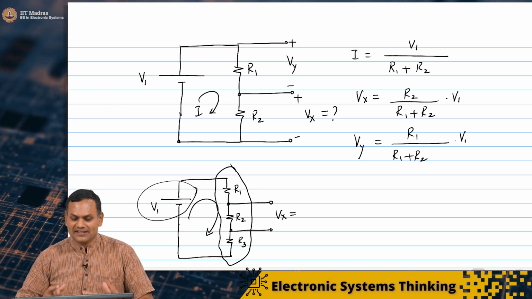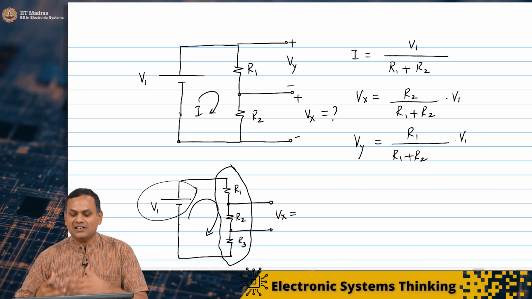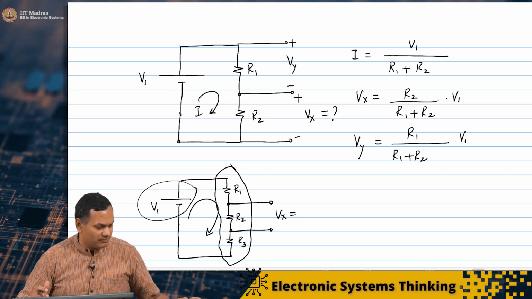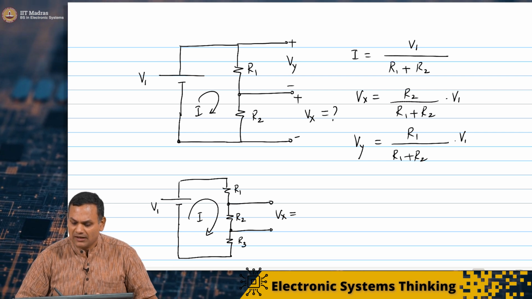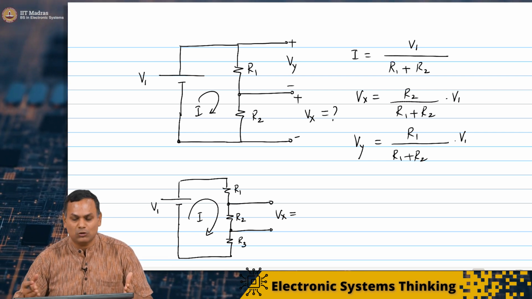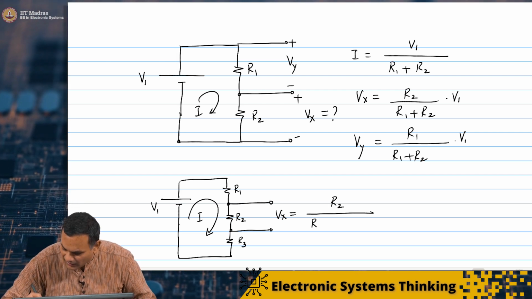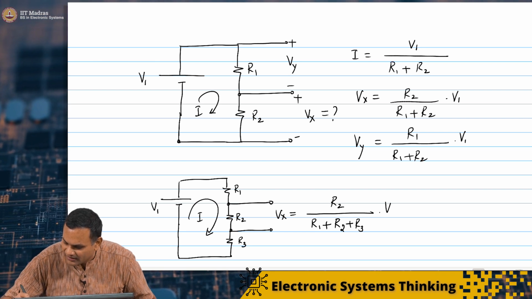So, the total resistance across V1 is R1 plus R2 plus R3. The current drawn from V1 is V1 by R1 plus R2 plus R3. So, the current through the loop is V1 by R1 plus R2 plus R3. The voltage across R2 is nothing but R2 by R1 plus R2 plus R3 times V1.